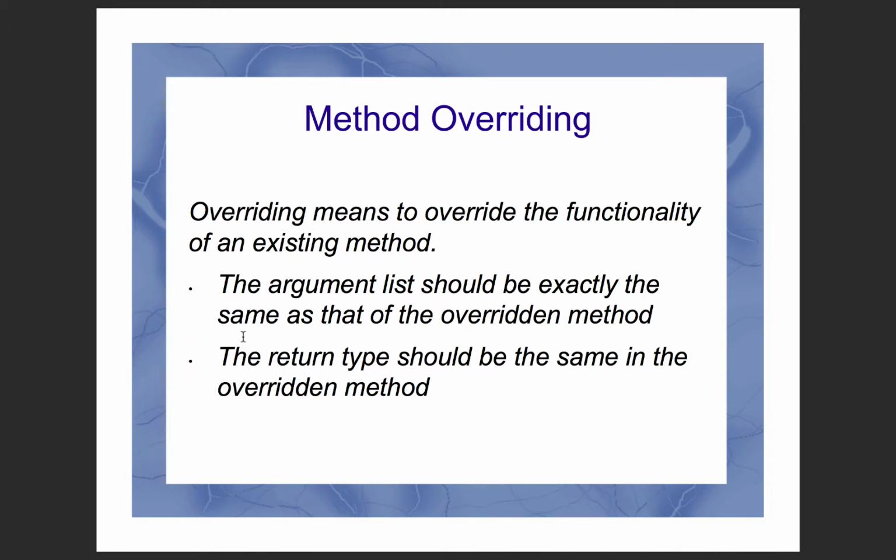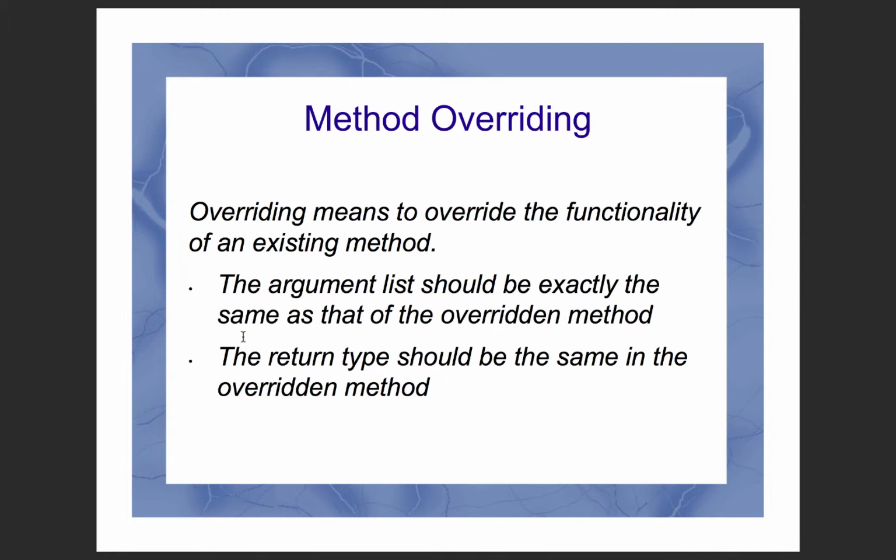But there are some restrictions when you are trying to implement method overriding. The argument list should be exactly the same as that of the overridden method. So the method that is adopted from the superclass and the method that you are overriding in the subclass should have a similar argument list, the same number of arguments and the same types of arguments.